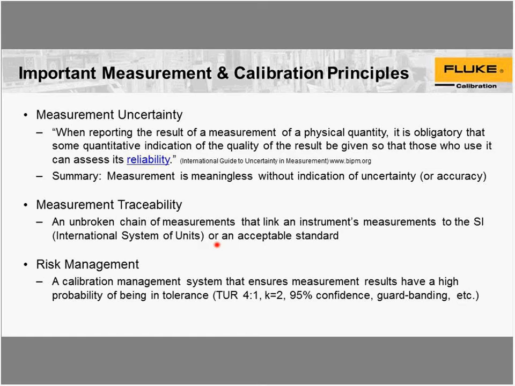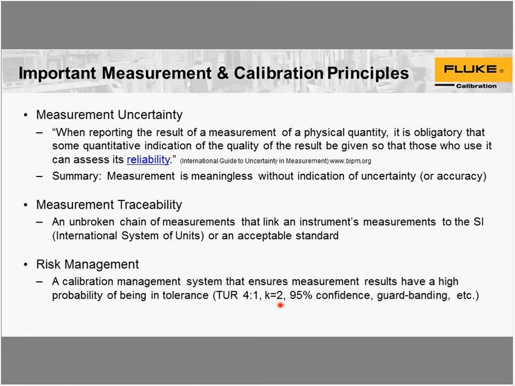And risk management is a calibration system that ensures a high probability of instruments being in tolerance. So some common components of the risk management system are TUR 4:1, certainty 95%. Anyway, we're not talking about this stuff today. It's just a quick reminder if you're working in calibration and measurement to apply these principles.